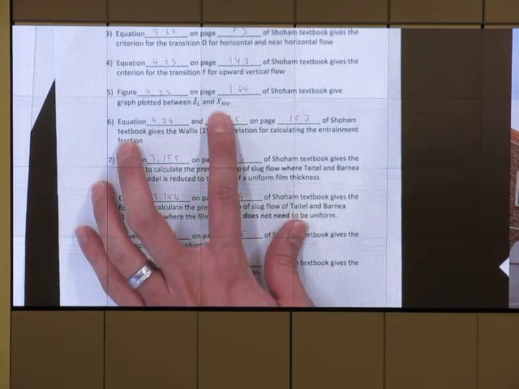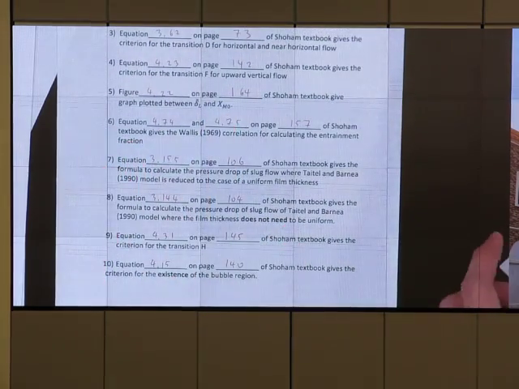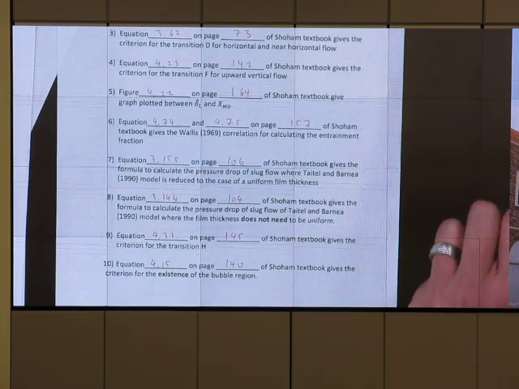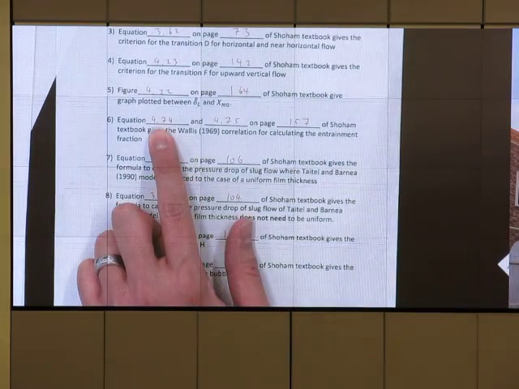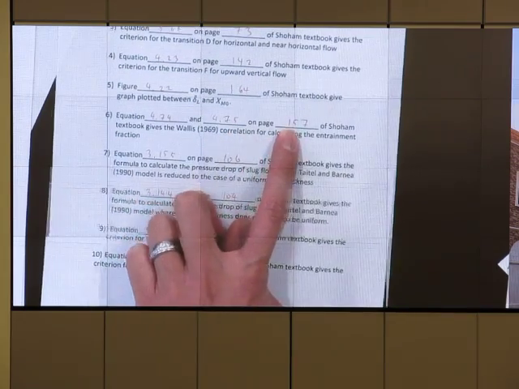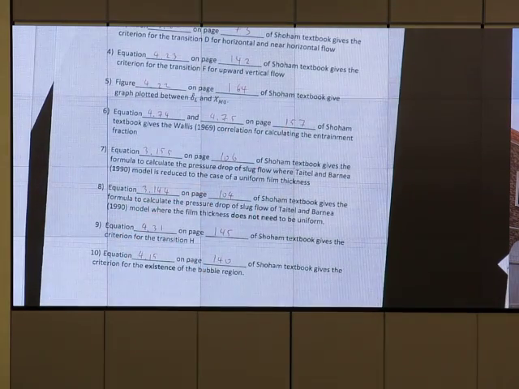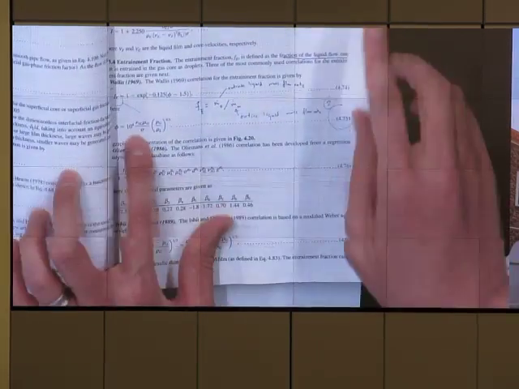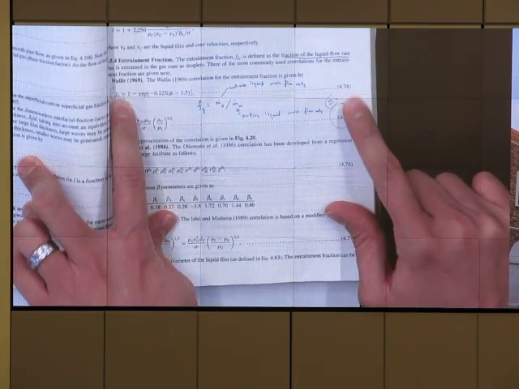If you don't know what is delta tilde or xm0, you cannot find that figure. Okay, so equations 4.74 and 4.75 on page 157. These two, right?